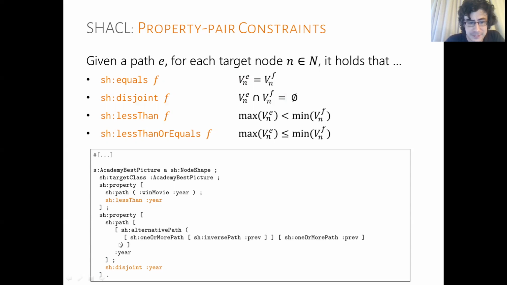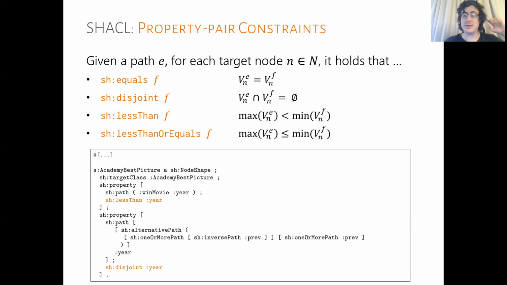The other thing that we're defining in this really quite complex path is that we saw these paths of previous through the awards. So if you go backwards through those previous, or you go forwards in the inverse direction through those previous, you would expect no award to have the same year, right? So if you're at the year 1930 and you go back previous 1929, 1928, 1927, you're not going to expect to see 1930 in that path.